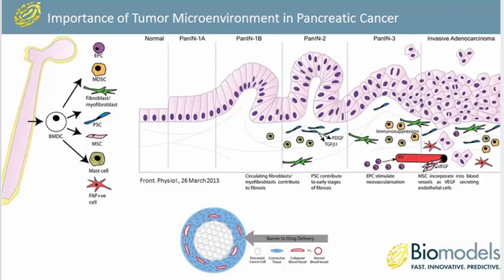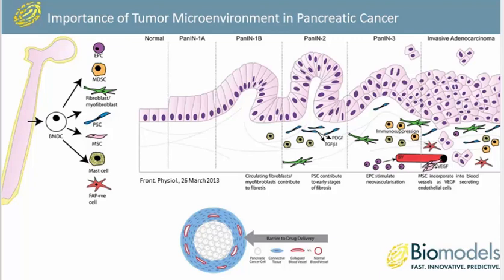So to go back to pancreatic cancer, the tumor microenvironment is known to be of extreme importance in pancreatic cancer. Not only do we have a lot of immunosuppression happening as a result of cells that are bone marrow derived or elsewhere, forming immunosuppressive or actually physical barriers to drug delivery.